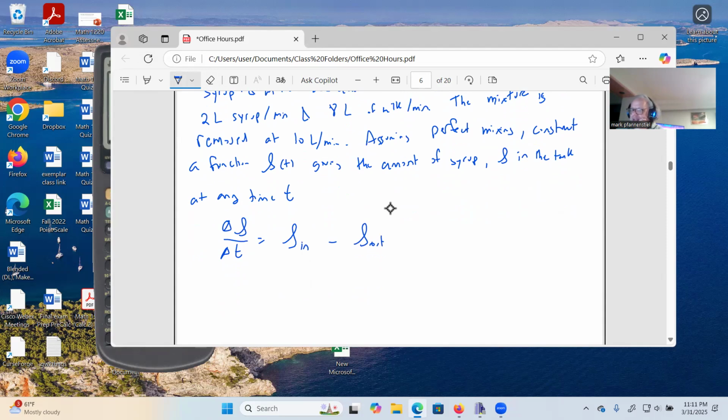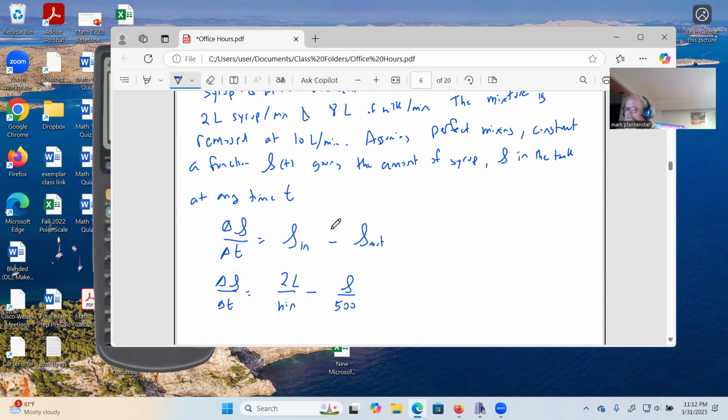So we'll keep our delta S over delta T, and ask how much is coming in per minute? We have 2 liters per minute. For what comes out, I don't know how many liters we have, but we have whatever number of liters is in there. So we'll say S divided by the 500.